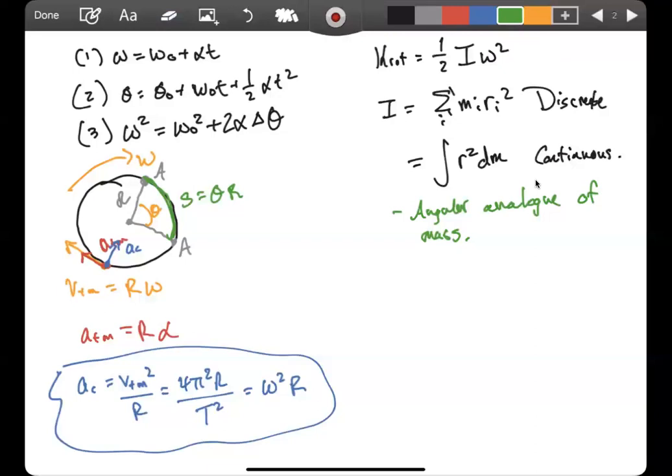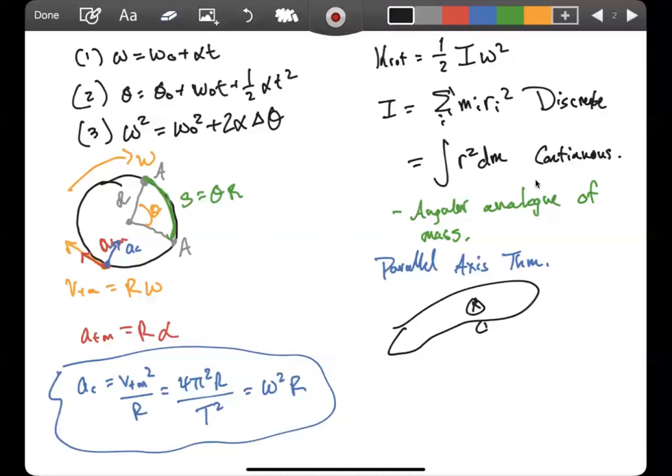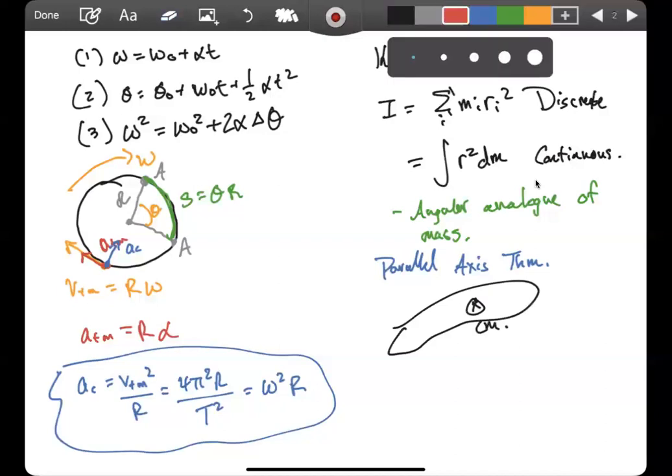To use this, instead of actually doing the integral, as long as we know the moment of inertia about the center of mass, we can use the parallel axis theorem to move the pivot point to any other location. So the parallel axis theorem simply says that, watch, if this was my object, and this is my center of mass location, but I want to move my pivot point to some other location, let's say over here.